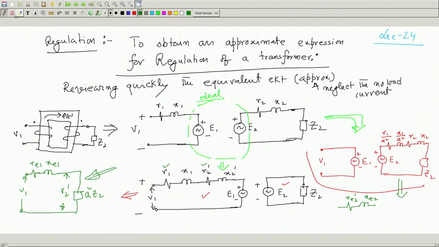R E 2, if I am writing no dashed, it means R 2 plus R 1 by a square, X E 2 is x 2 plus x 1 by a square, and then you say that okay, this is the thing, and here you say Z 2, but here you write E 1 by E 2 is N 1 by N 2, that is strictly. So, it is V 1 dashed.